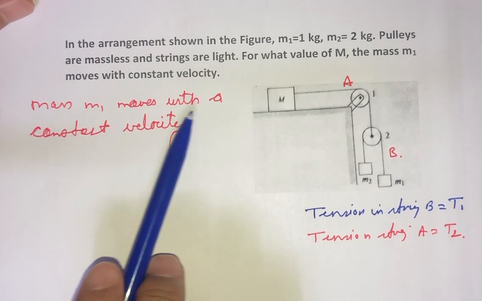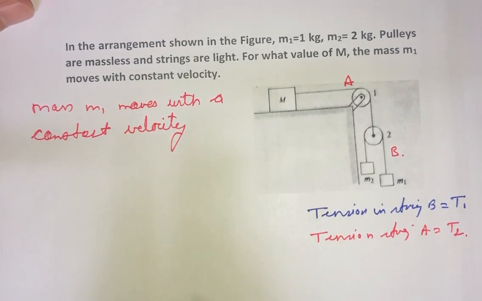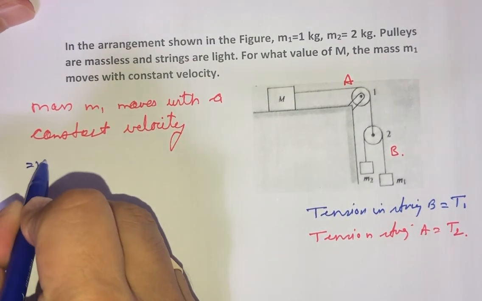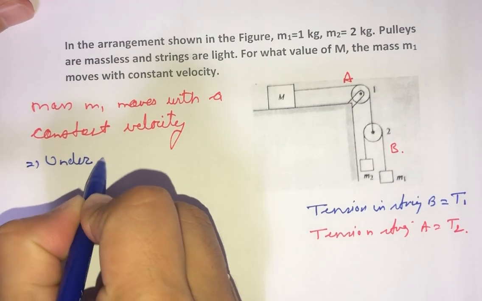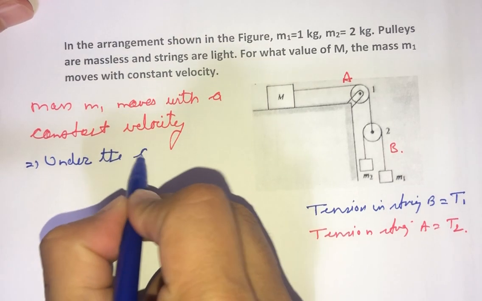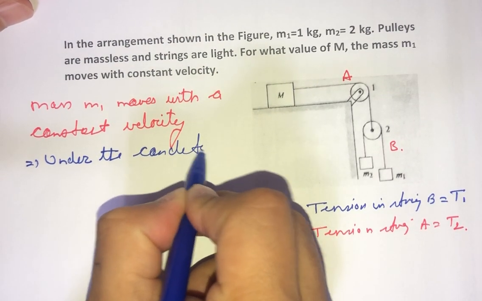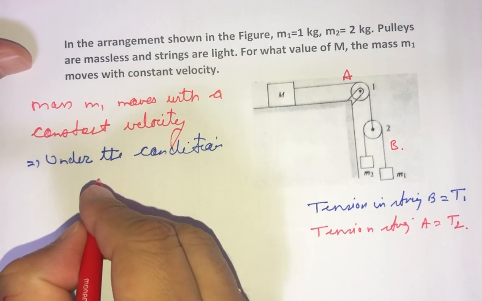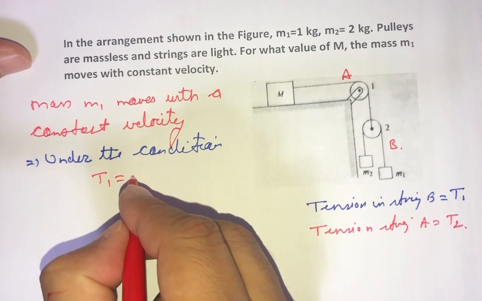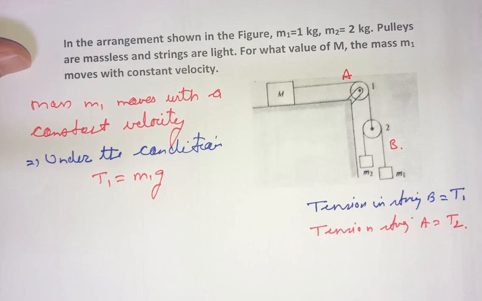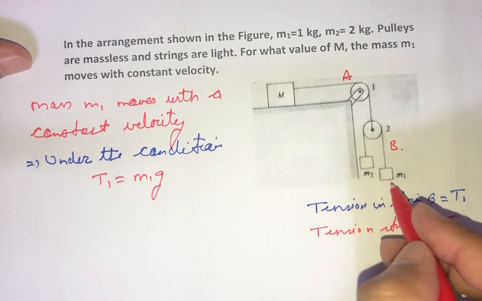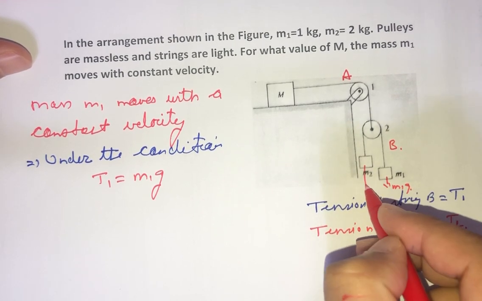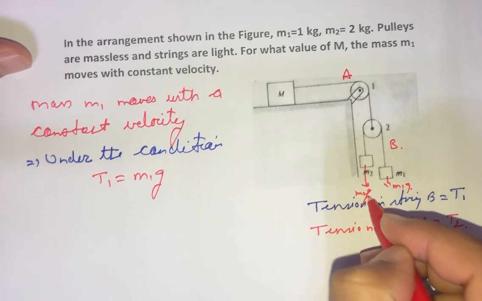So if mass M1 moves with a constant velocity, this is only possible under the condition that T1 is equal to M1G. This will be our M1G and this will be our M2G.